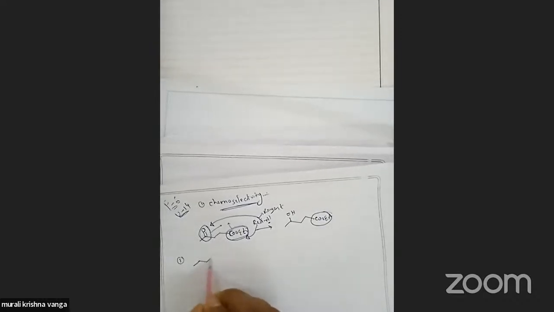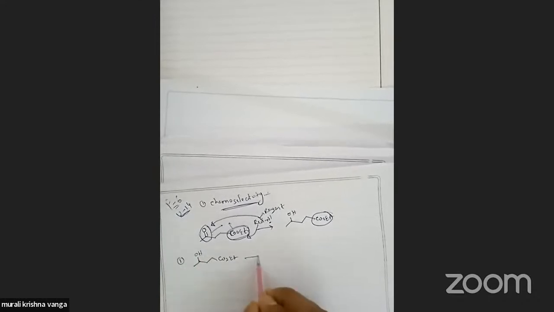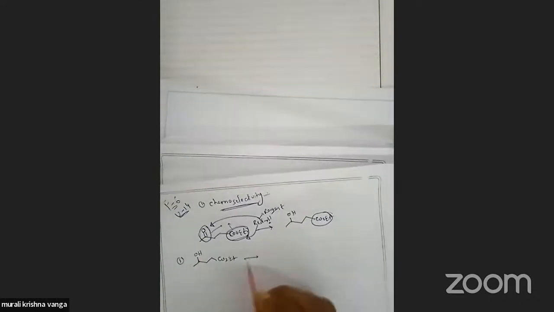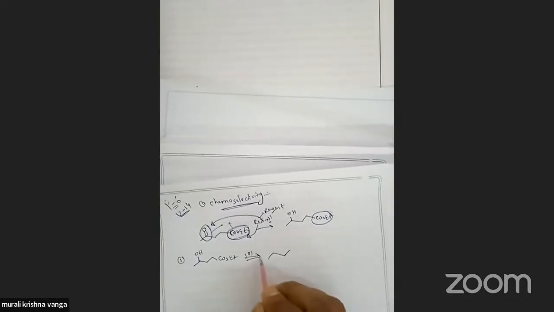Take the example in your notes. The alcohol, when it undergoes oxidation, has its hydroxy group converted into keto.